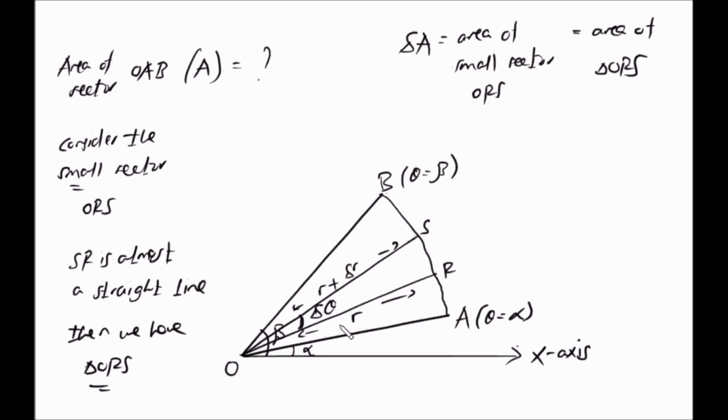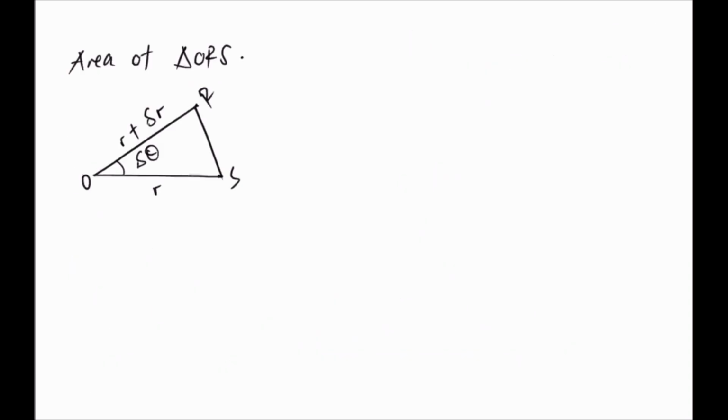So hiki kisection tulicho kikata ndani ya hii sector ni kidogo. Japo kwenye mchoro inaonekana kubwa, lakini in reality ni kidogo. So SR is almost a straight line. So you have triangle ORS like this. So the area now of this triangle ORS is called delta A.